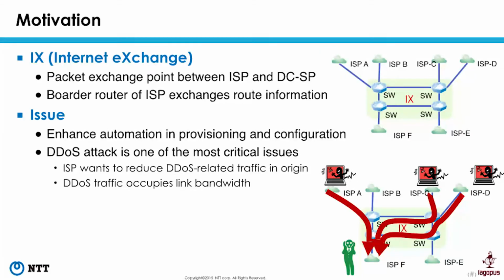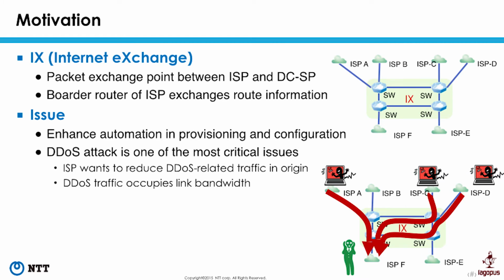So one is automation. Basically, the current IX just accepts the service order from the ISP, so that means manual operations are required. Also, recently we are suffering from huge DDoS attacks from some countries.